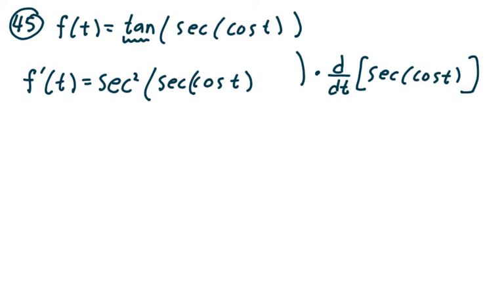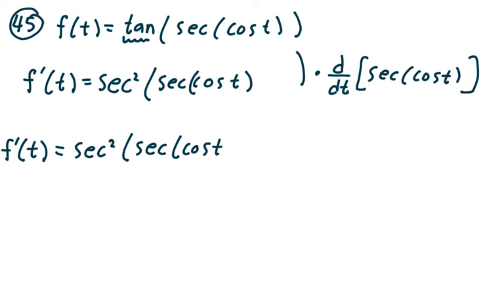And so I'm very systematic when you have a composition like this. And so you get secant squared of secant of cosine of t. And I'm going to multiply by, now remember the derivative of the secant function is secant tangent. And remember that the inside function is cosine t.